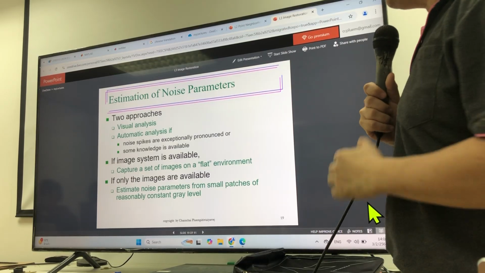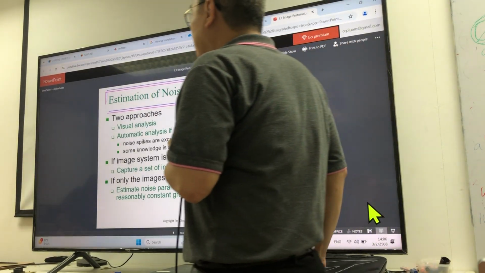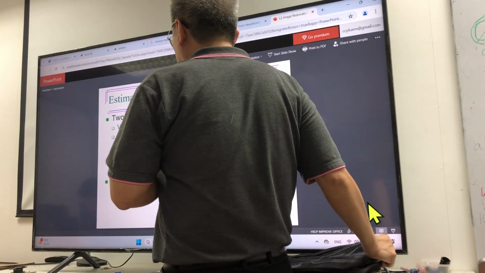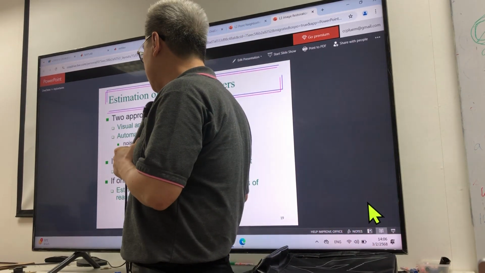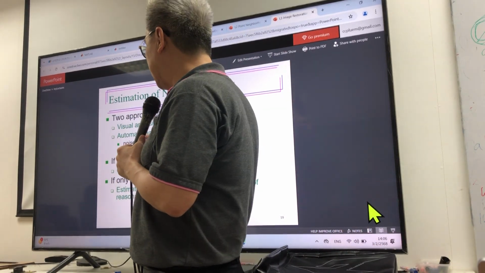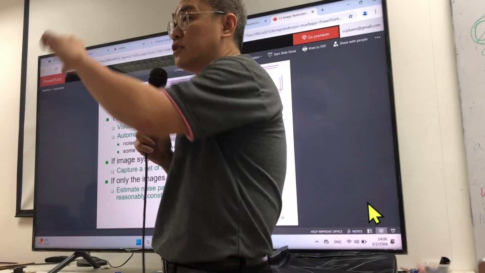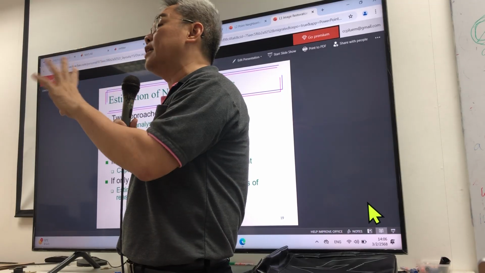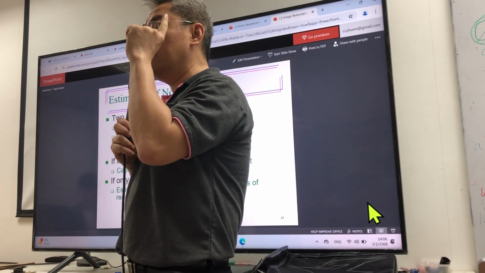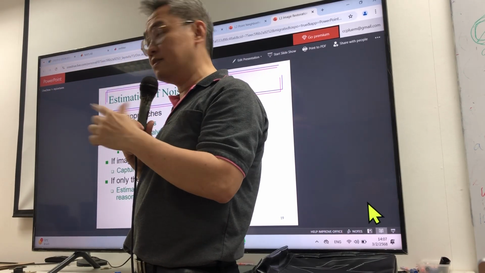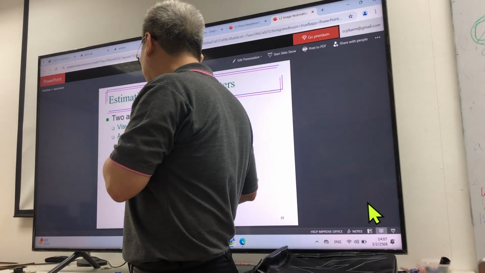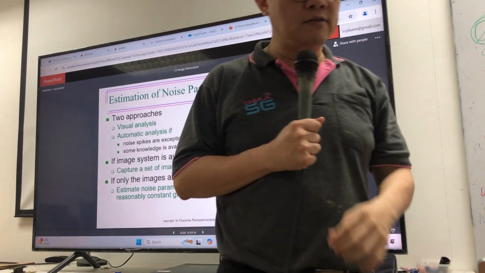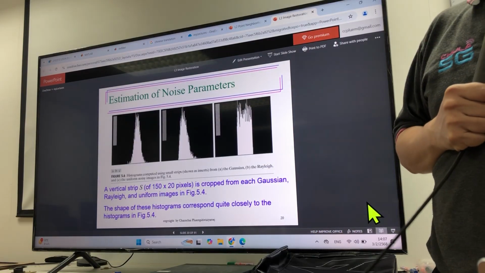To approximate the noise parameters, you could use visual analysis or maybe automatic analysis. You find a part of the image that is smooth, and then you find the histogram of that to find the mean and the variance, and then use that to capture the characteristics of the noise.